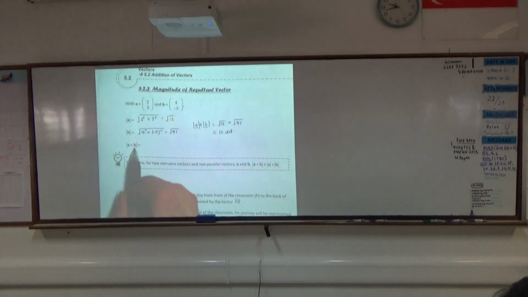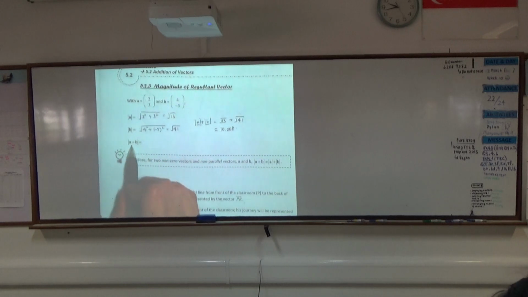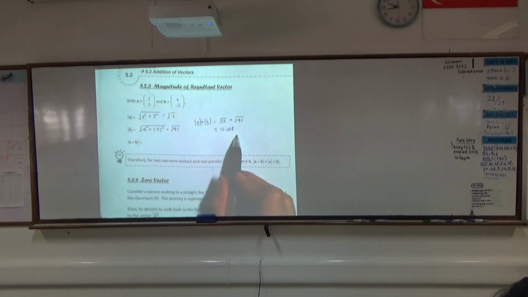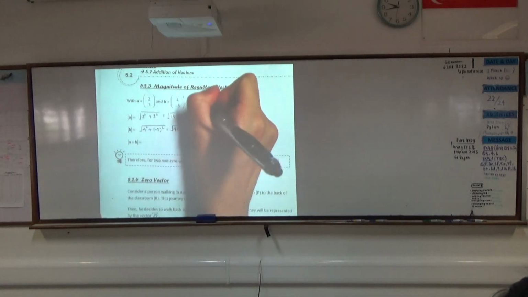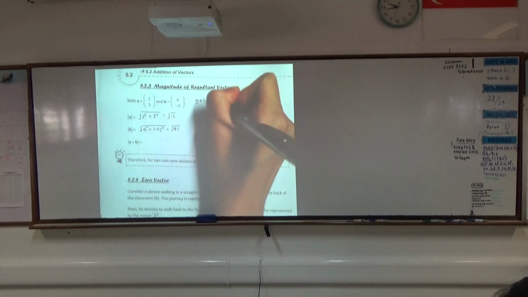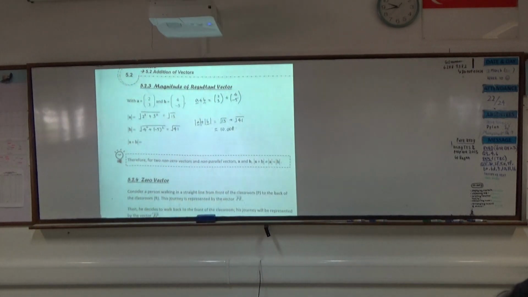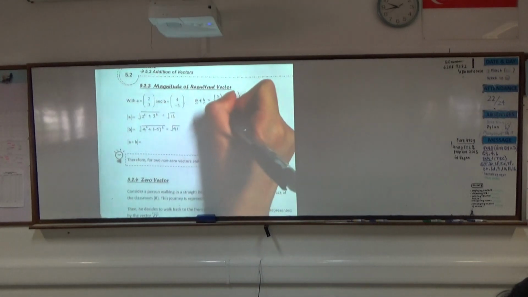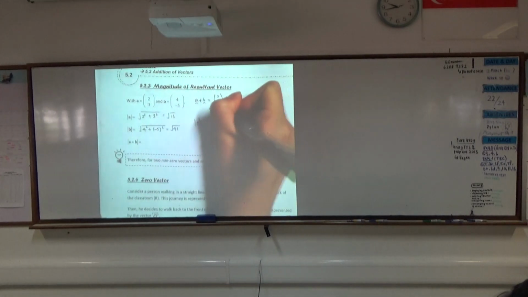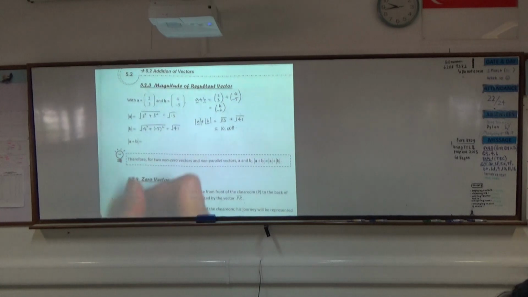We want to know whether the magnitude of the resultant, A plus B, is going to be the same. A plus B itself, using the column vectors, is equal to (6, -2).